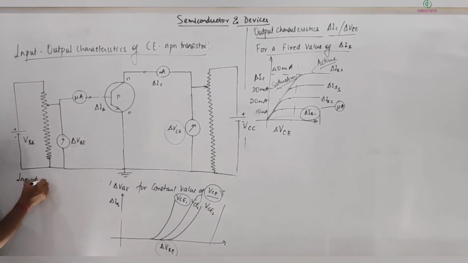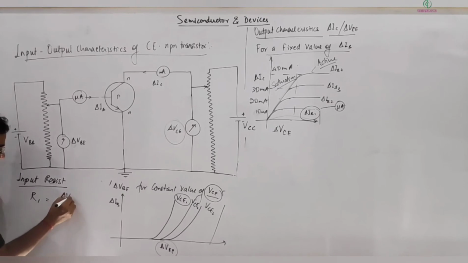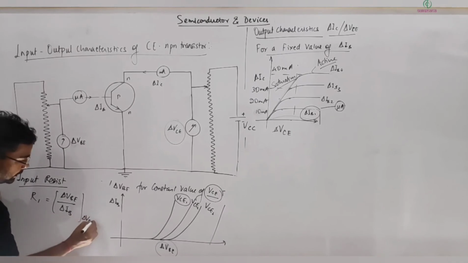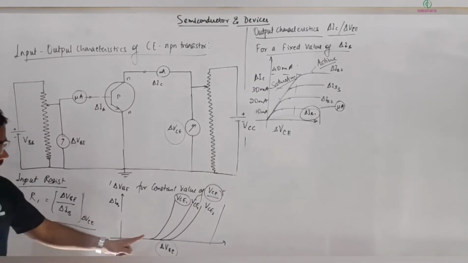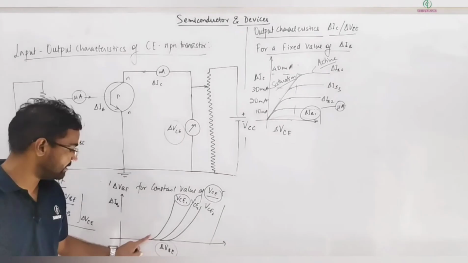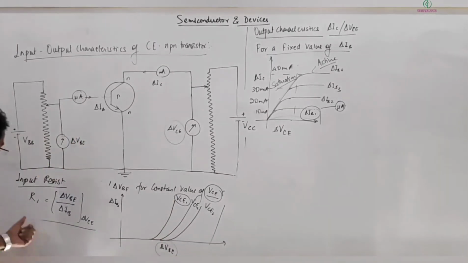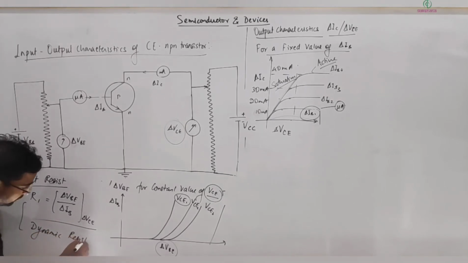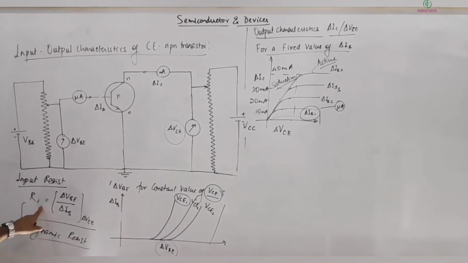It is given by R input, equal to delta VBE divided by delta IB for some fixed value of VCE. Here you can see it will not be constant, it will be changing. So this will be a dynamic resistance, and we call this input resistance.